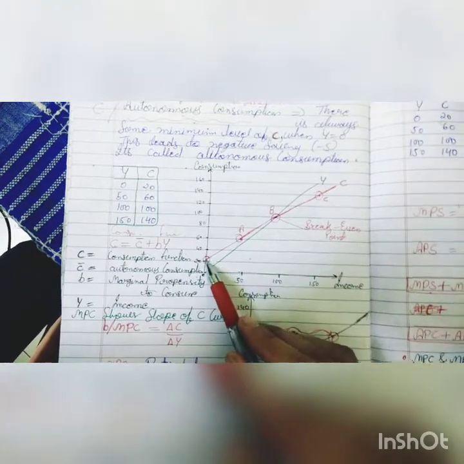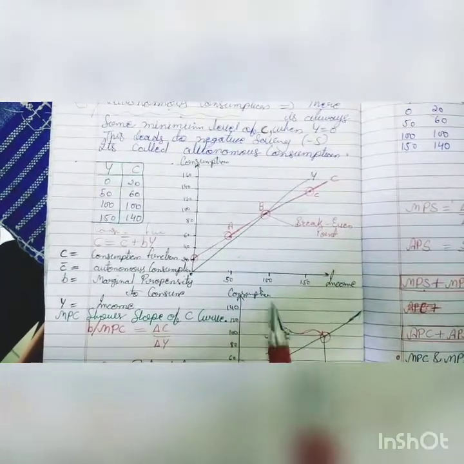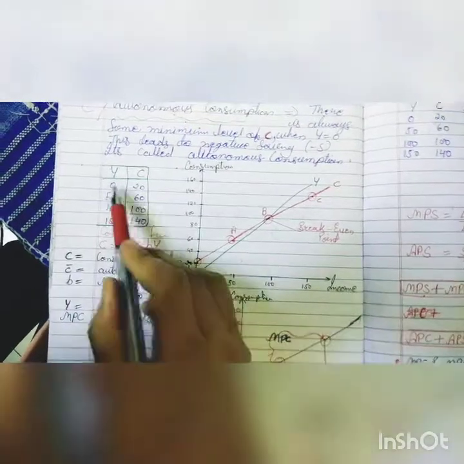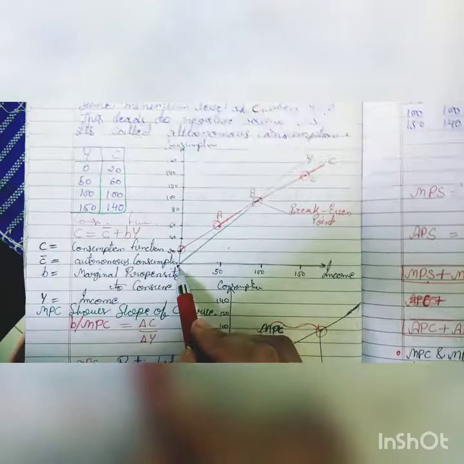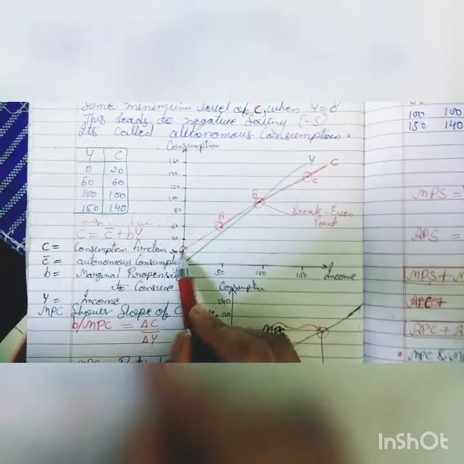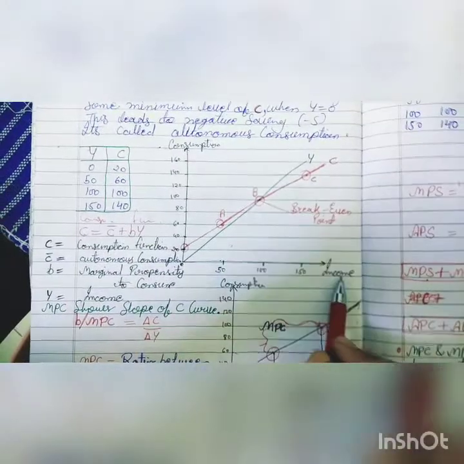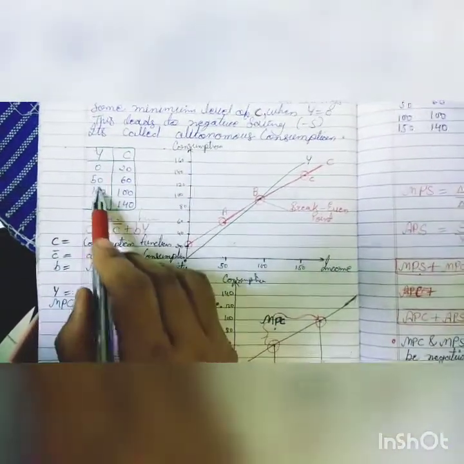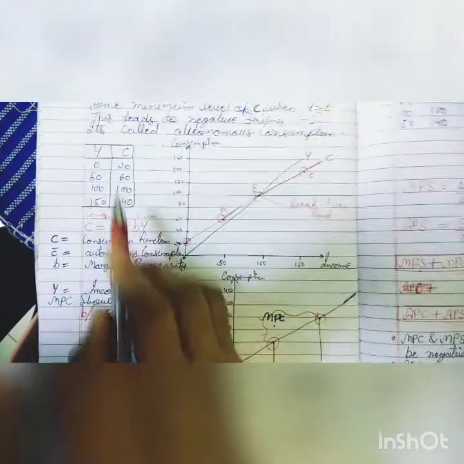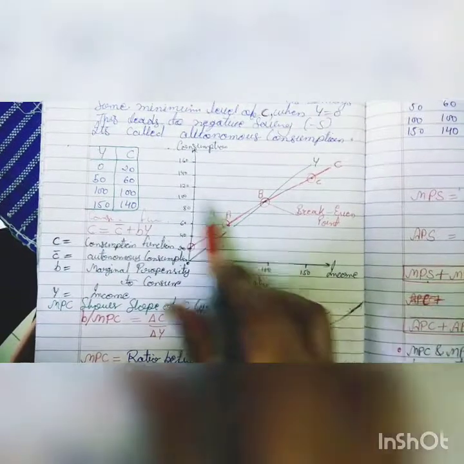Now this is your C curve, the consumption curve. At the 0 level of income, consumption is 20. Then income 50, consumption 60, with income on the x-axis and consumption on the y-axis. Income 100, consumption 100.